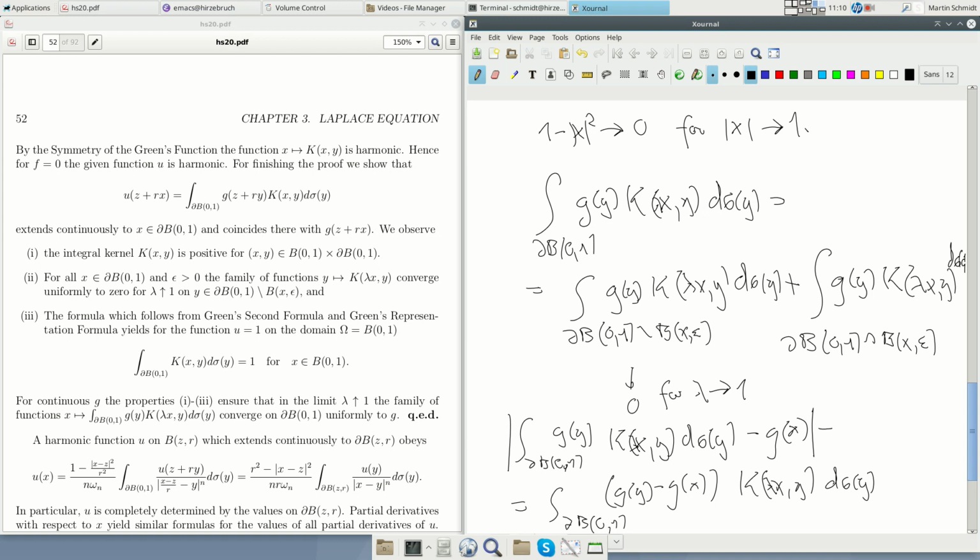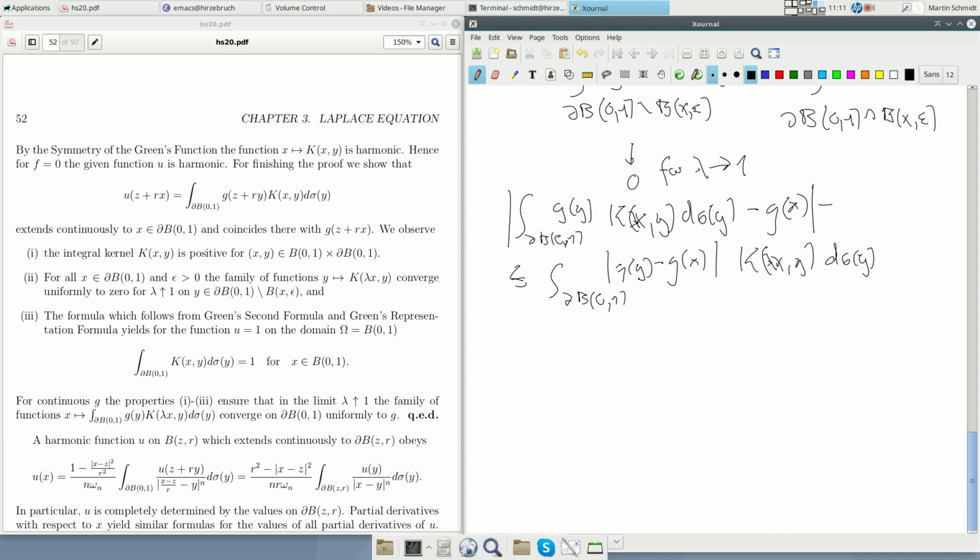Now this is smaller if we just replace this by the absolute value. This becomes very small. So we may estimate this.